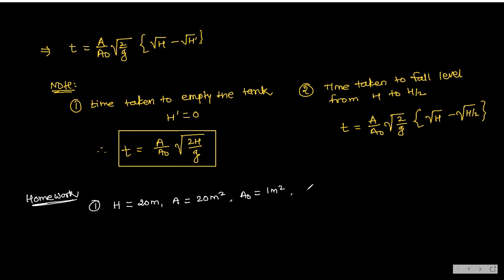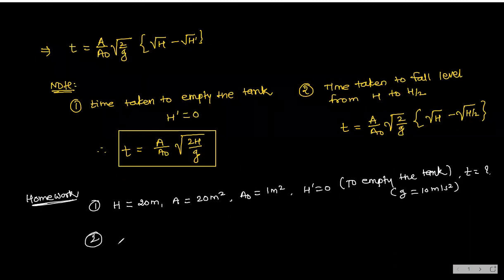A and A naught are already given. H dash is equal to 0, means to empty the tank. So T is equal to how much? You have to find. Take G is equal to 10 meter per second square.